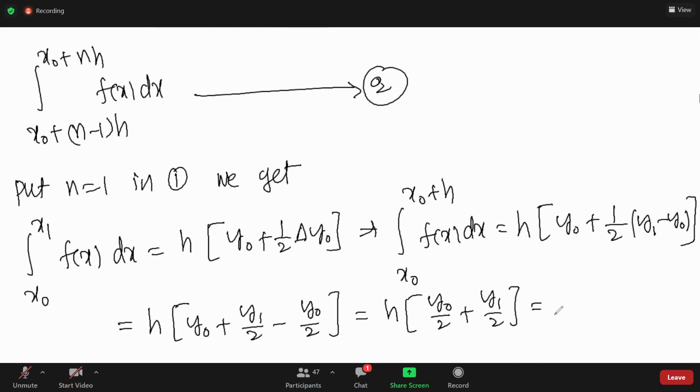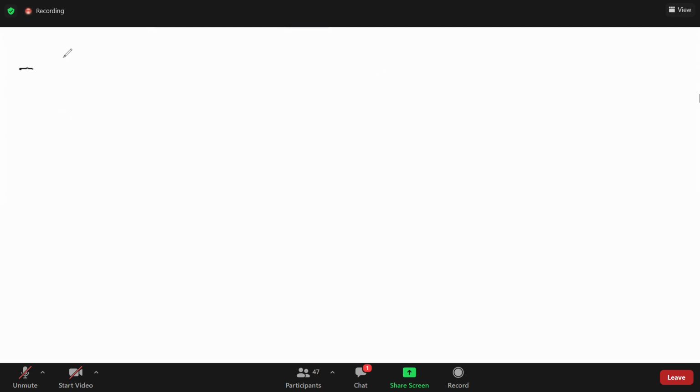So this can be written as h by 2 into y naught plus y1. So integration from x0 to x0 plus h f of x dx equals h by 2 into y naught plus y1. Is it clear?